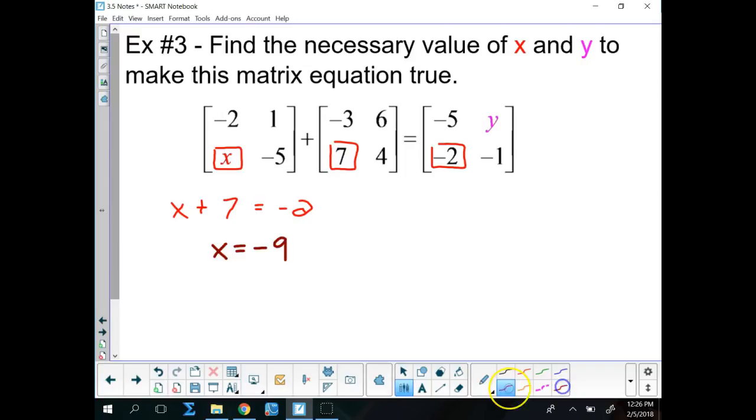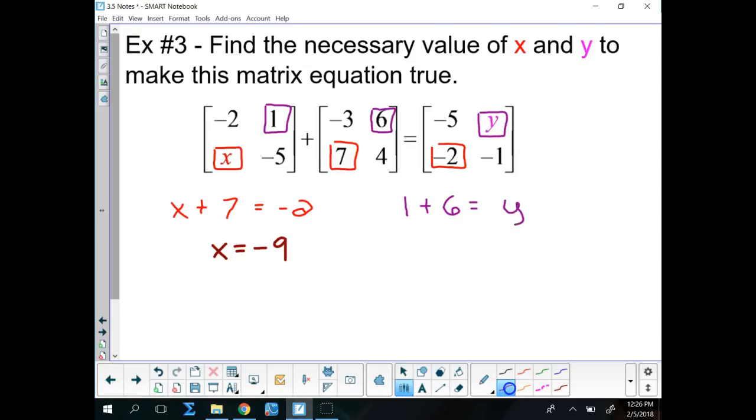Y is located up here in the first row, second column. Here are the other two first row, second column elements. So 1 plus 6 has to equal y.